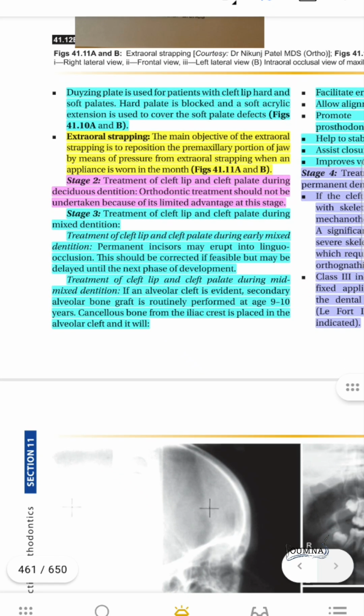After that, during the deciduous dentition, no orthodontic treatment is carried out because there is a limited advantage at this stage.